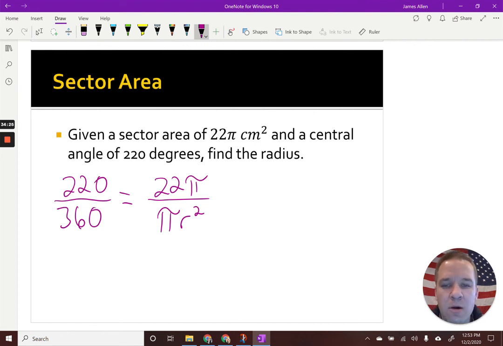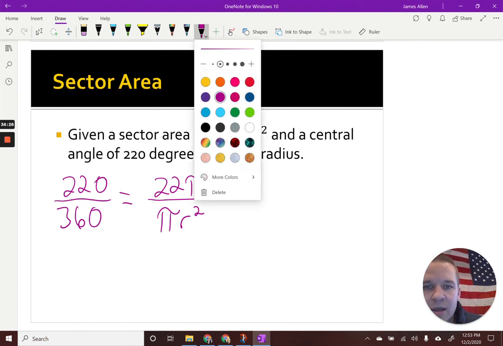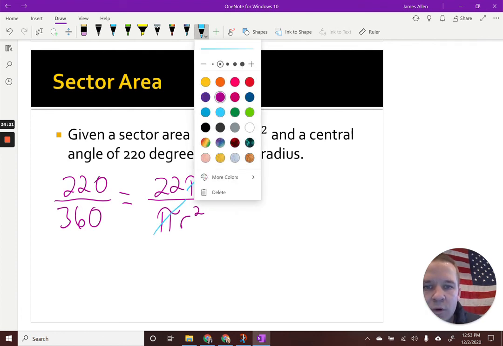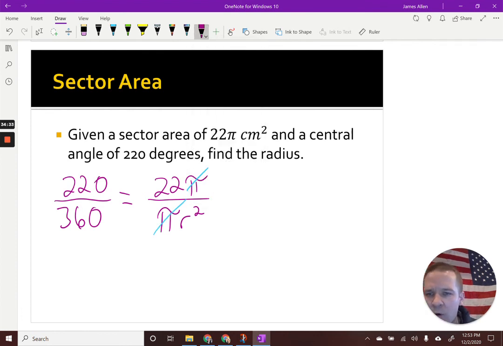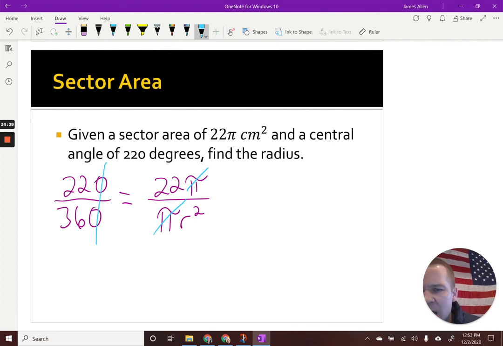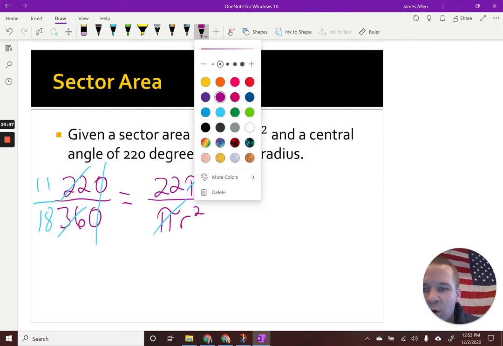Well, how about this? I'm going to start with just canceling these pi's here. Boom, boom, gone. Less to worry about. And now I will go ahead and how about I reduce this as well, actually. Boom. Cancel out some zeros. 22 and 36 are both divisible by 2, which would give me 11 and 18. So that makes my numbers a little more manageable.